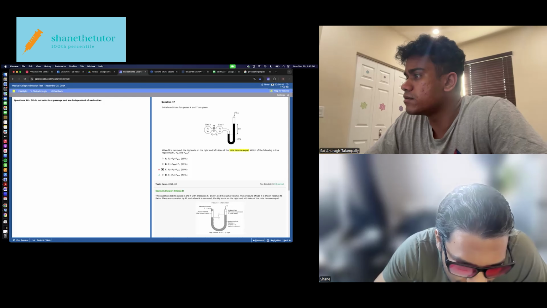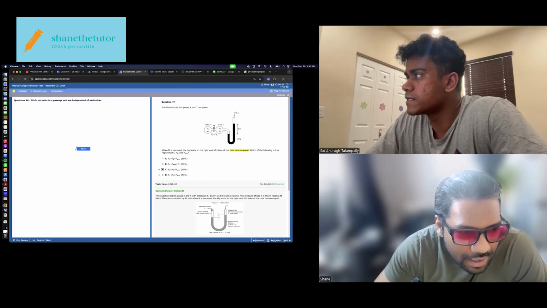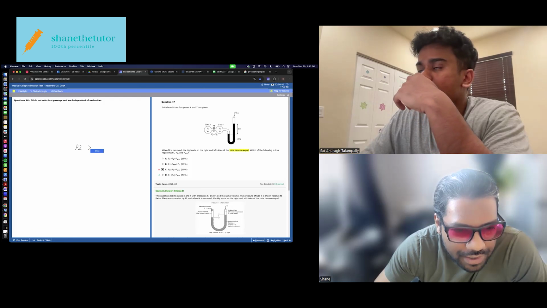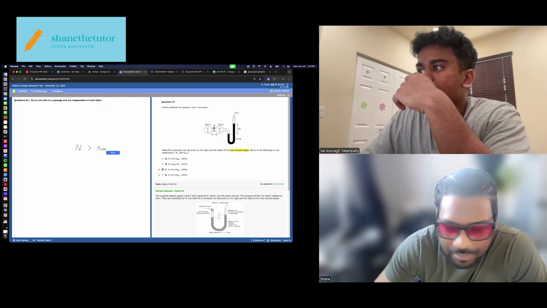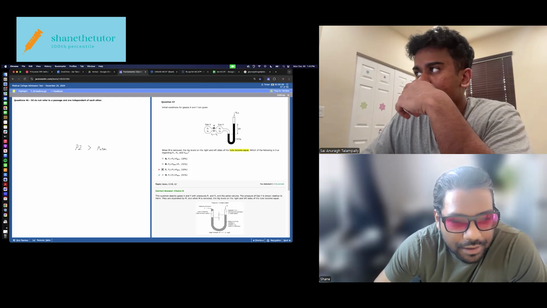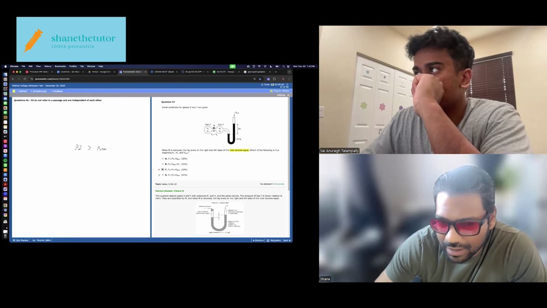This is weirdly written with less than, greater than. So we know that P2 must be greater than PATM. That makes sense? For sure.